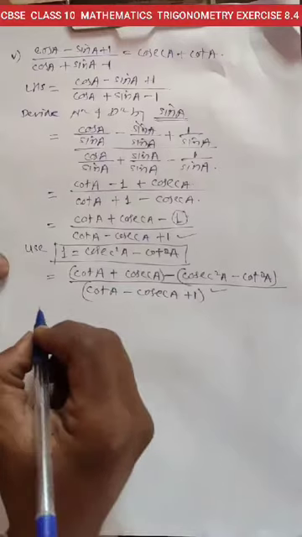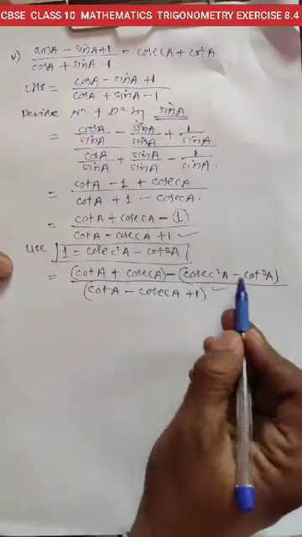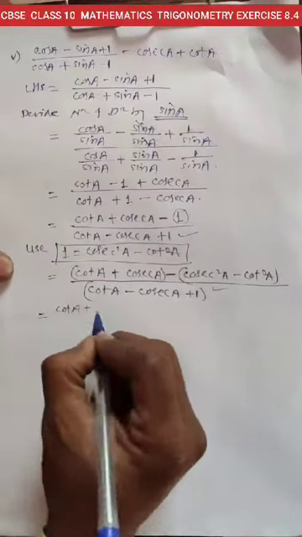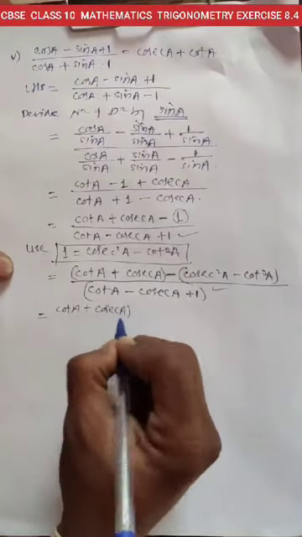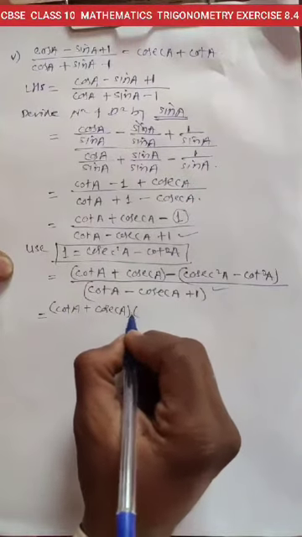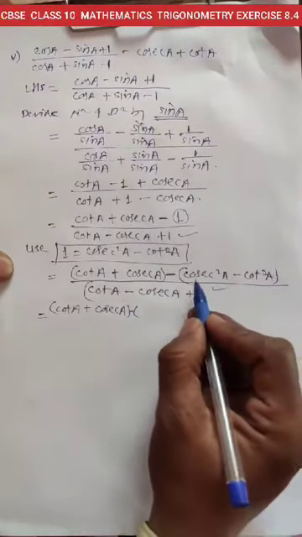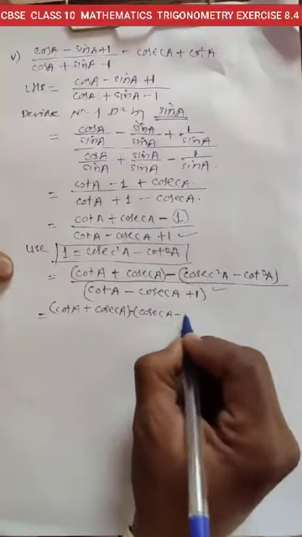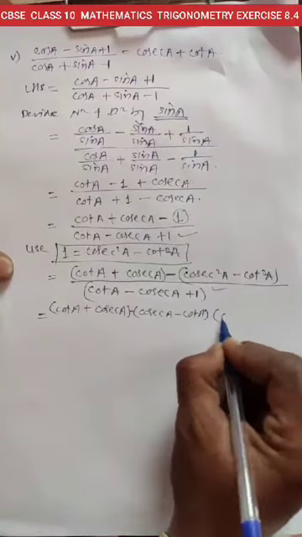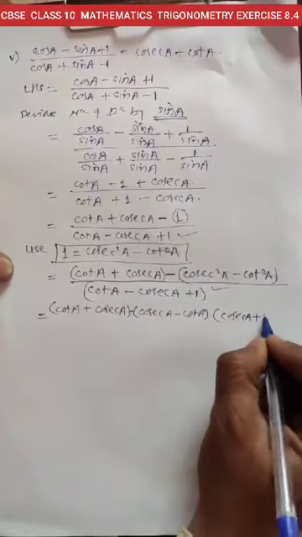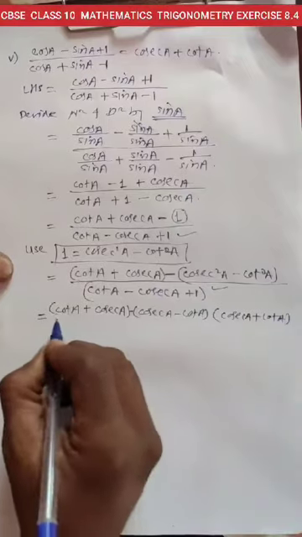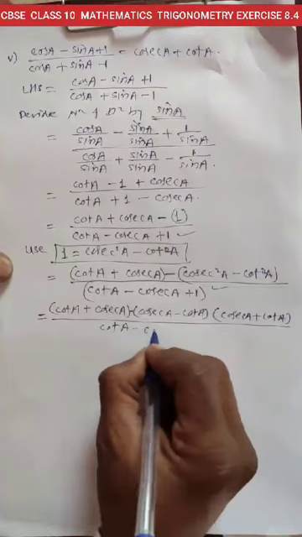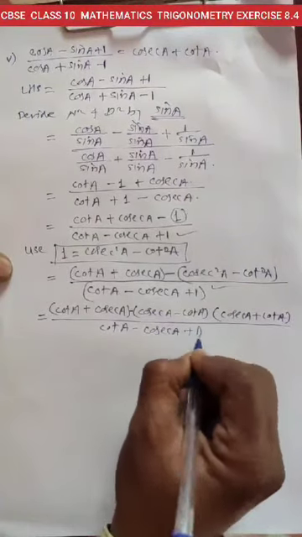Okay, so in the next part simply use the formula a square minus b square equals (a plus b) into (a minus b). So cot A plus cosec A, and the negative sign is here, and a square minus b square means cosec A minus cot A into another bracket cosec A plus cot A, divided by the denominator part as it is, cot A minus cosec A plus 1.